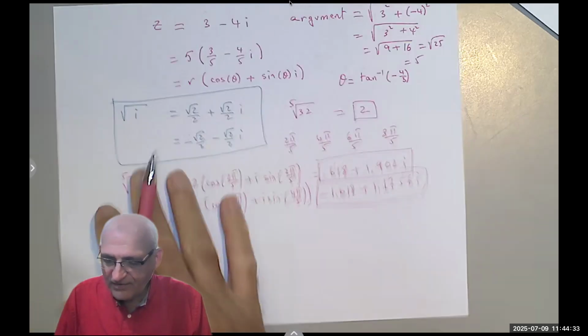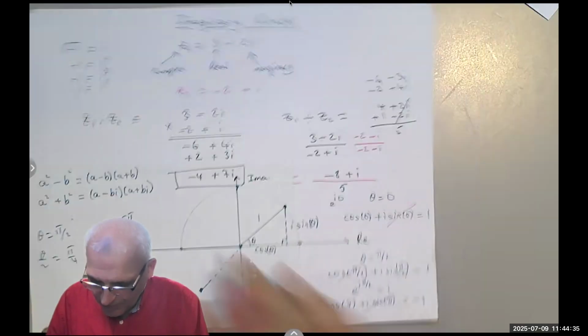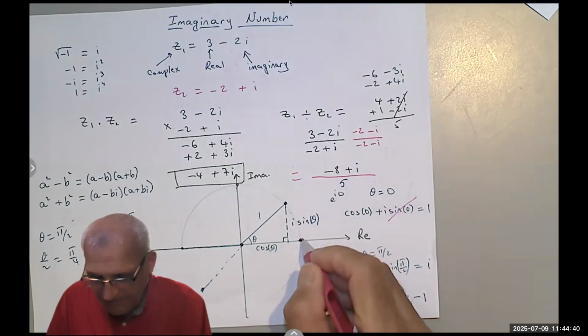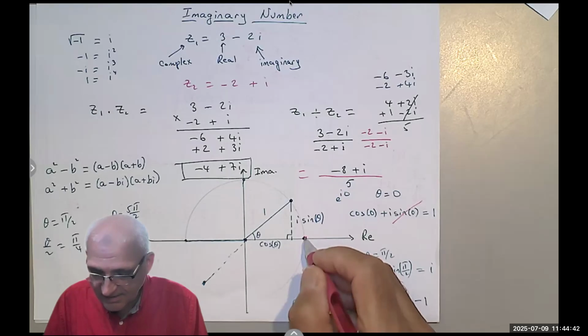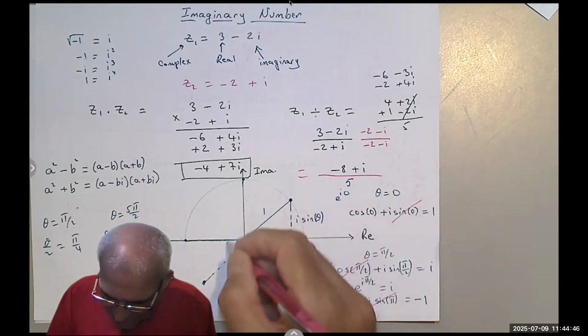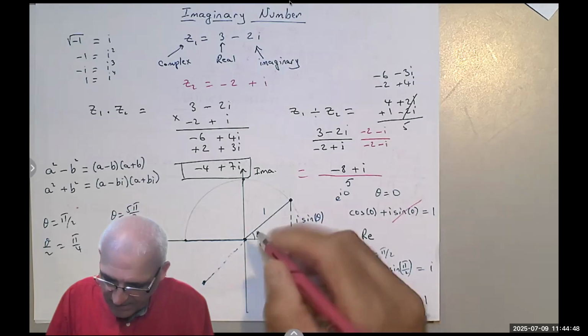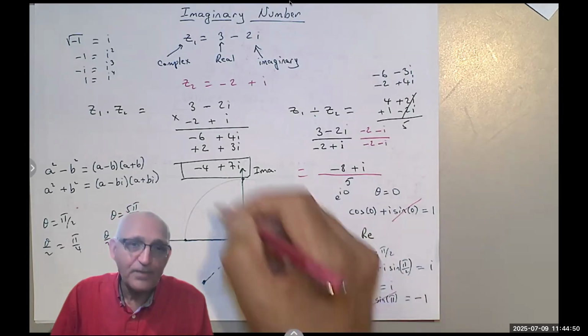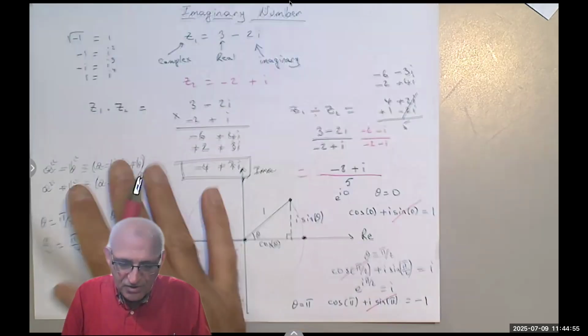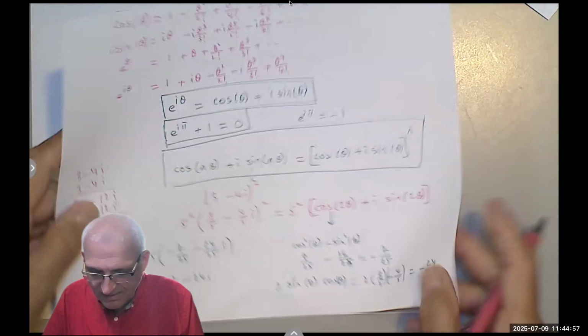And 1 to the 1/5 is where you get from the unit circle. This is 1, and if you want to take the fifth root of that, you divide this angle, which is 2 pi, by 5. So I get 2 pi over 5, 4 pi over 5, 6 pi over 5, and 8 pi over 5, which is another way to look at this equation.